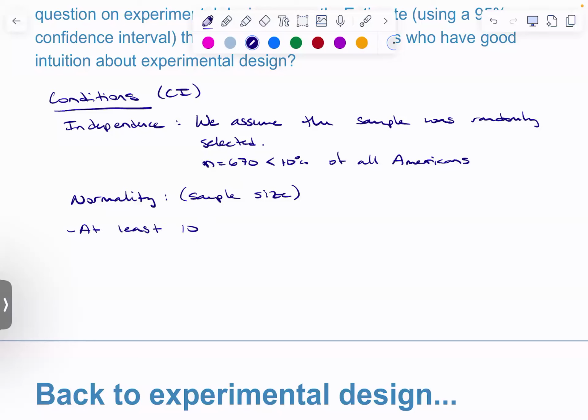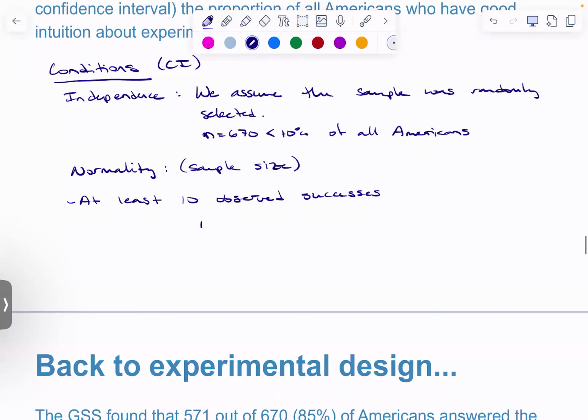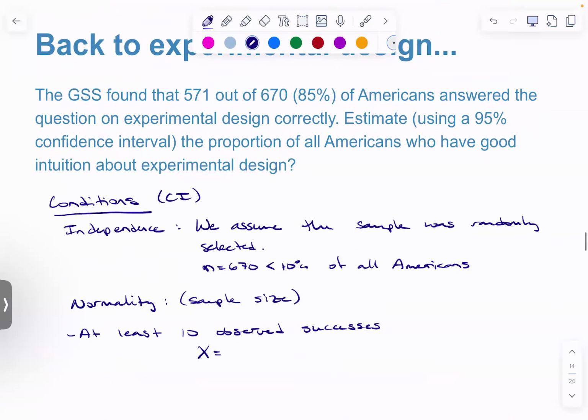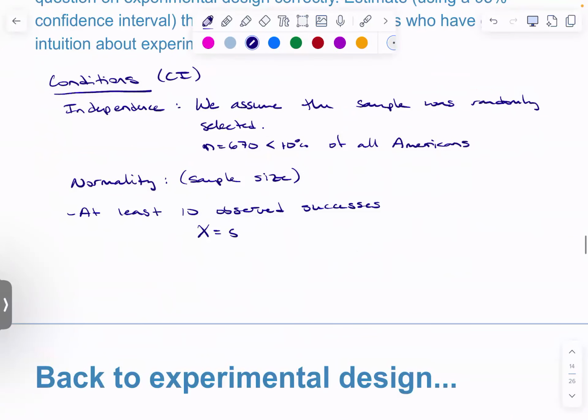At least 10 observed successes, which, we have x given to us as 571, which is greater than or equal to 10. And we need at least 10 observed failures.